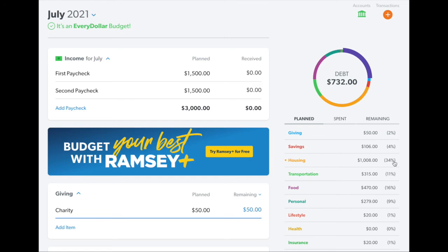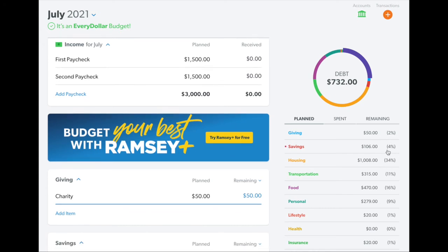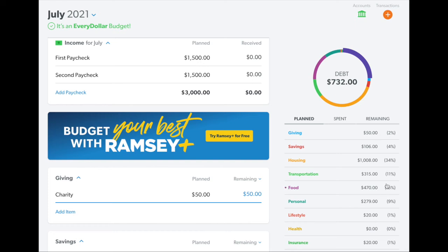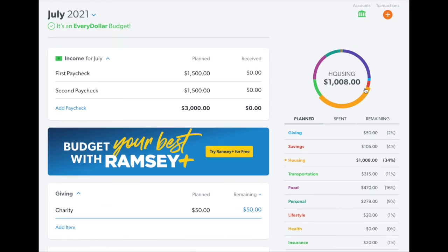So I can look and go, wow, my total housing expenses are 34% of my income. I'm saving only 4%, and I'm spending 16% on food. So little things like that can help you get a really good sense of where your money is going and if you're actually putting money where you think you're putting it or where you're wanting it to go.